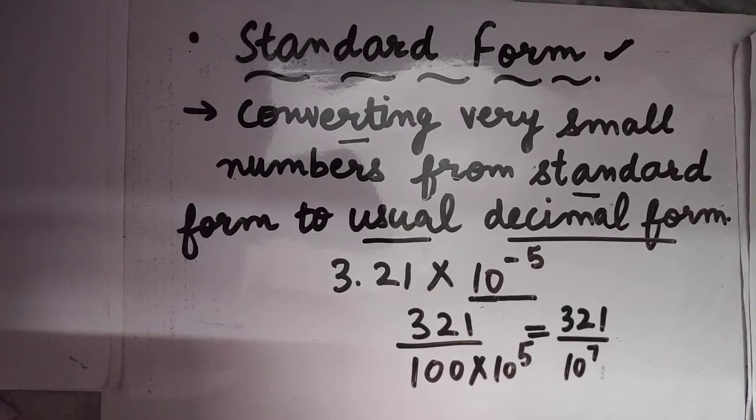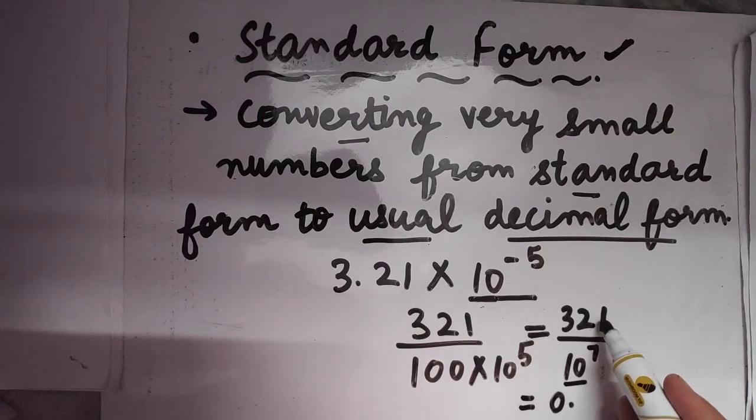Now, how can I write it in decimal form? Look at this now. It will be 0. After the decimal, 7 digits should be there because it is 10 raised to the power 7. So 3 are already present, 321, so 4 zeros you will be writing, like 0.1, 2, 3, 4, 5, 6 and 7.